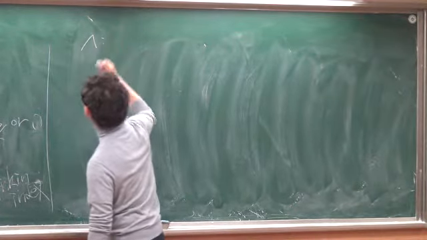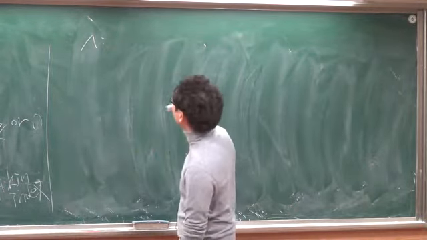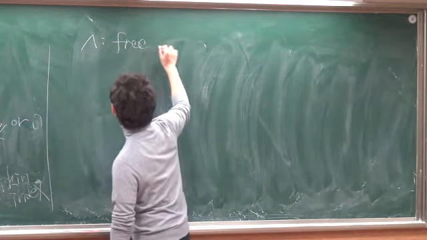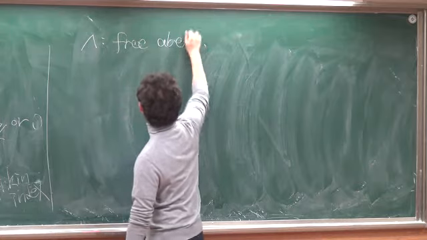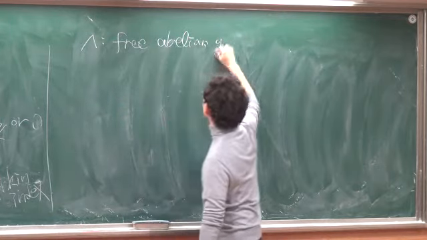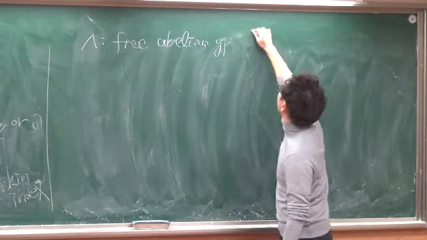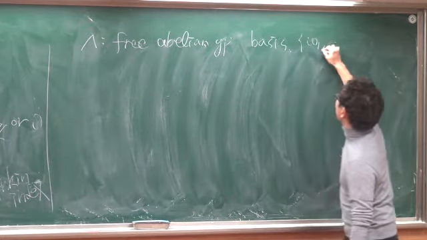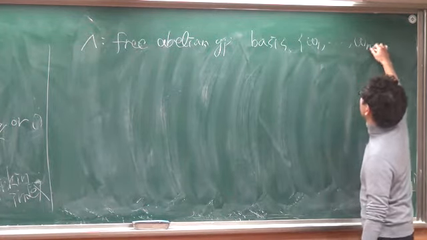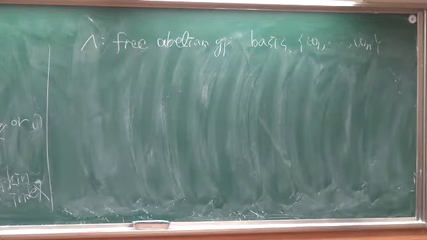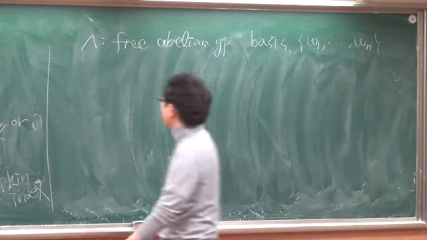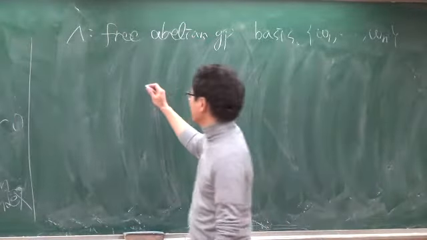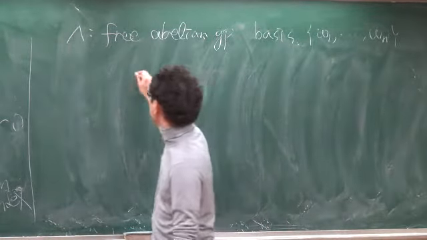So now we consider Lambda. This is just a free abelian group of finite rank with basis omega 1 to omega n. Then there are two augmentation maps.